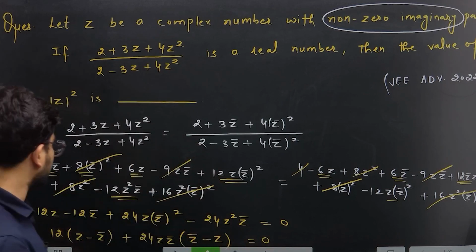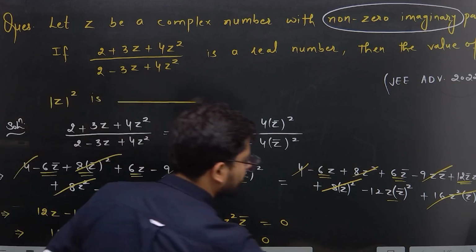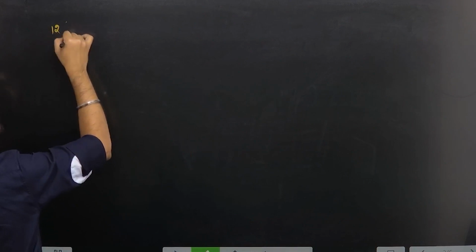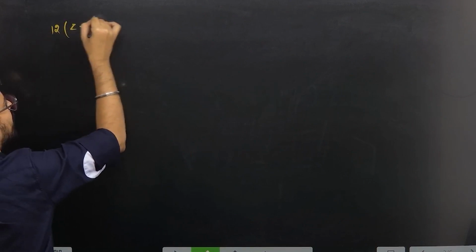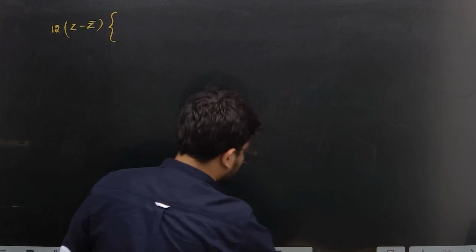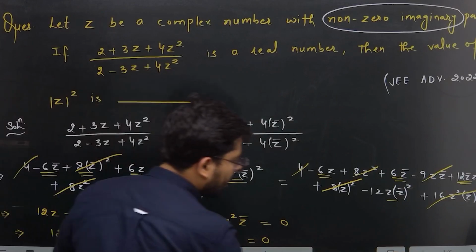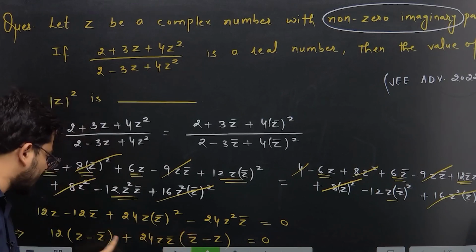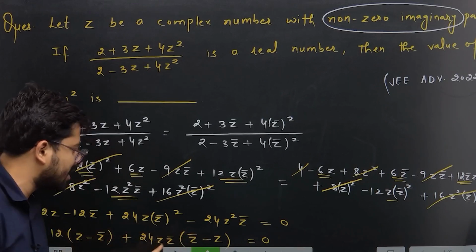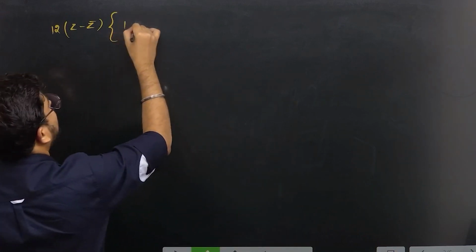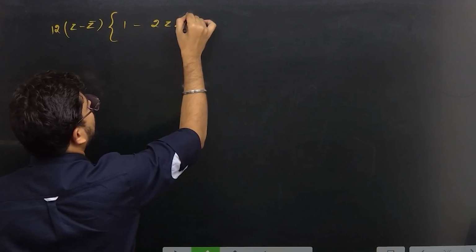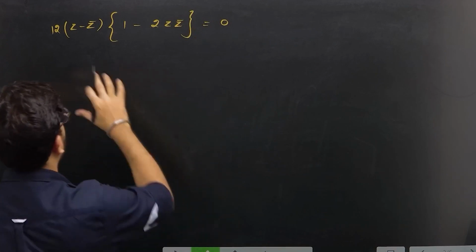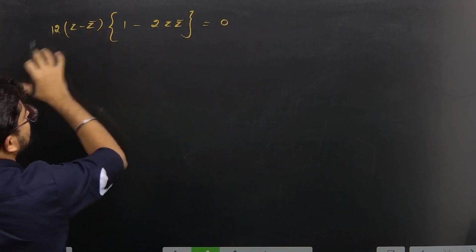Now you can take (z minus z bar) common, 12(z minus z bar) common, and you are left with 1 and minus 1, minus 1 minus 2zz bar. So (1 minus 2zz bar) is equal to 0. If the product of two things is 0, then either this one is 0 or this one is 0.